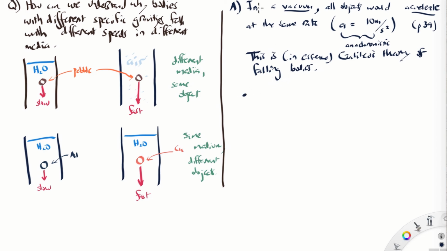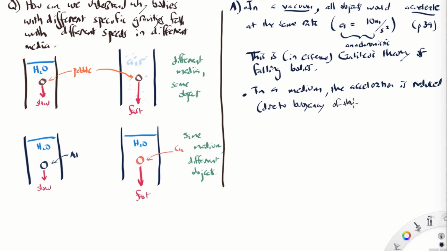But, okay, having said this, now let's go on and say what happens when things are falling in a medium. In a medium, that is not in a vacuum, the acceleration is reduced. And this is due to the buoyancy, and I'll talk more about this in a moment, the buoyancy of the body.